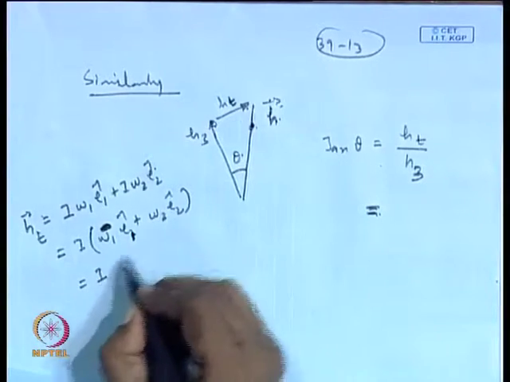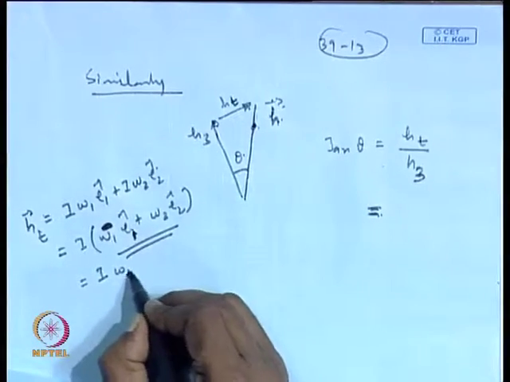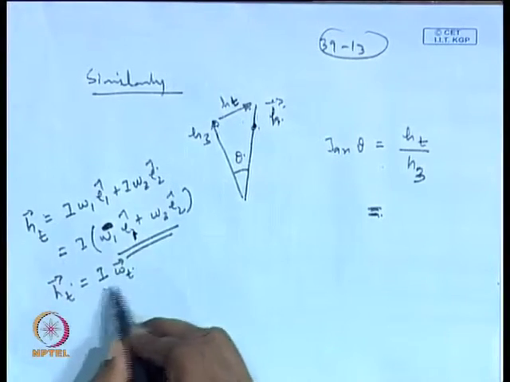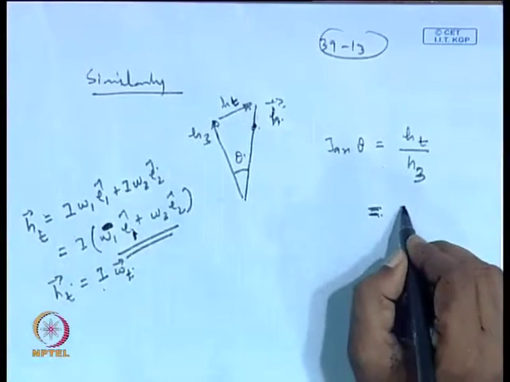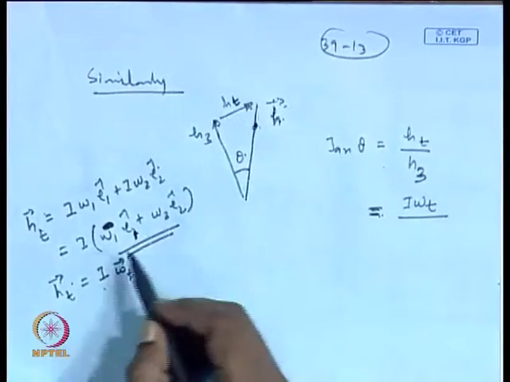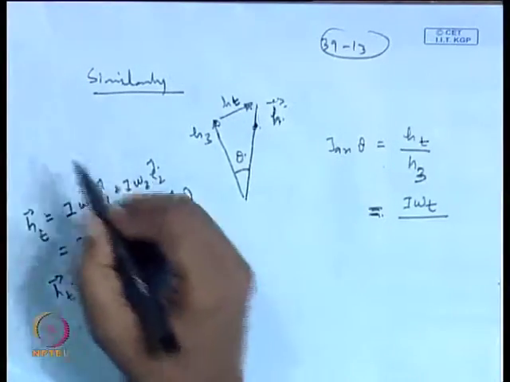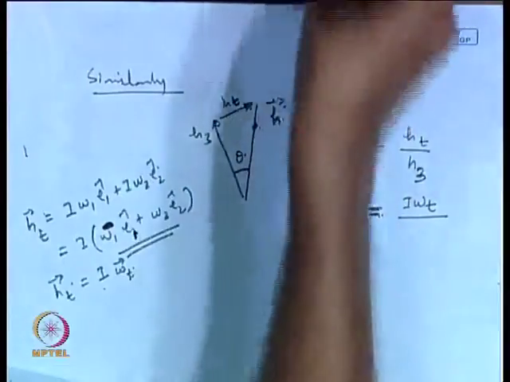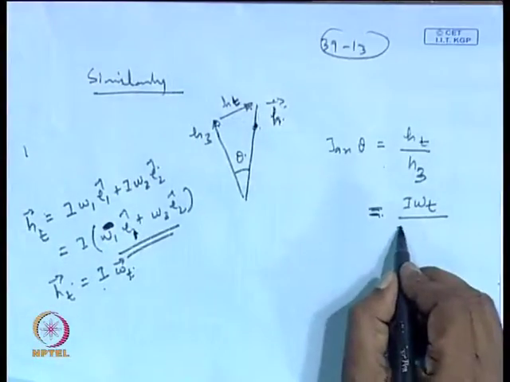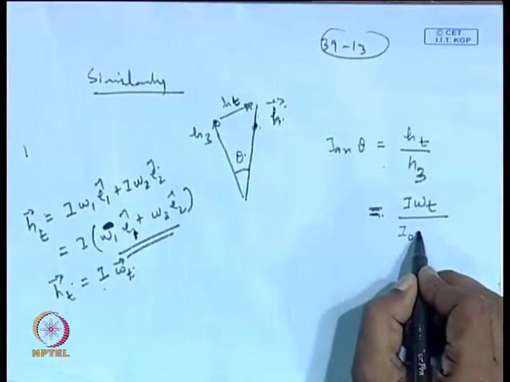So, this is I times, and this is nothing but your omega t vector. So, h t is your I times omega t. So, then the magnitude wise you can write as I times omega t, and what was your h 3? H 3 is already you have written here, this is I 0 times n.